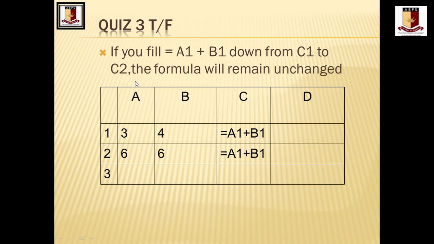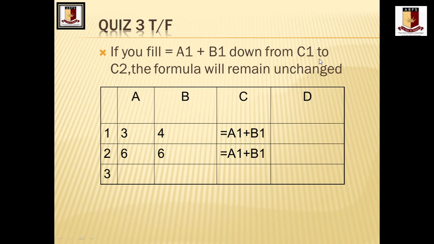Now move to the next one. This is a true and false based question. If you fill A1 plus B1 down from C1 to C2, the formula will remain unchanged. Will it change or not? Think.